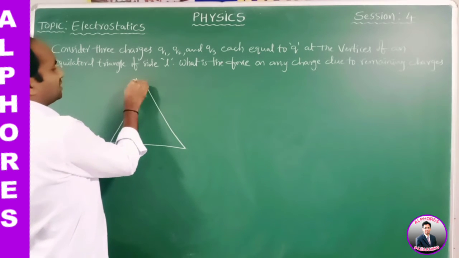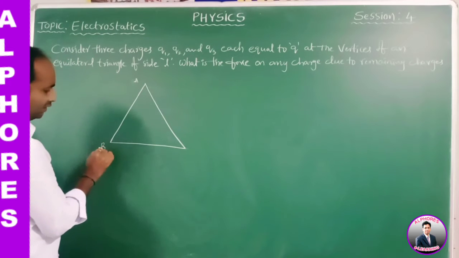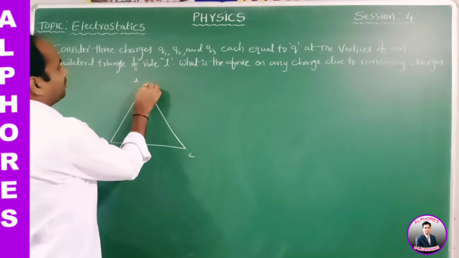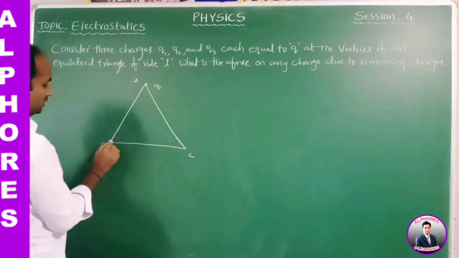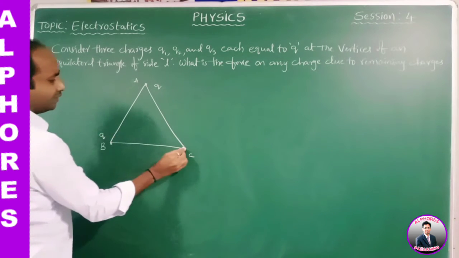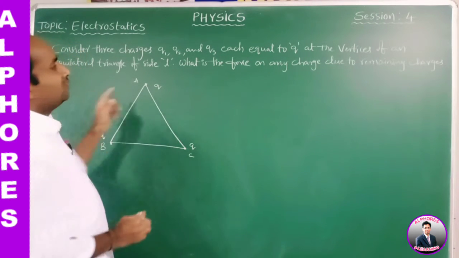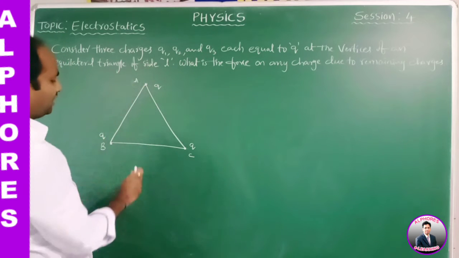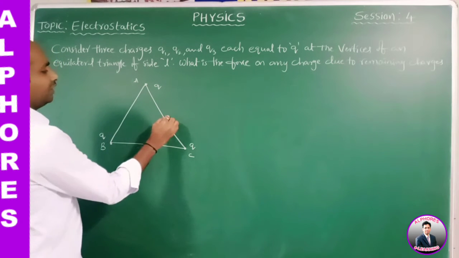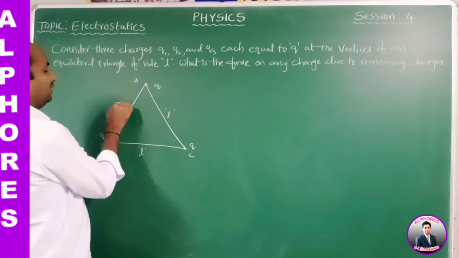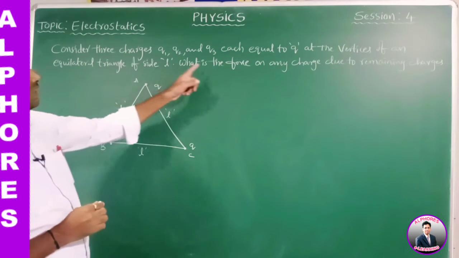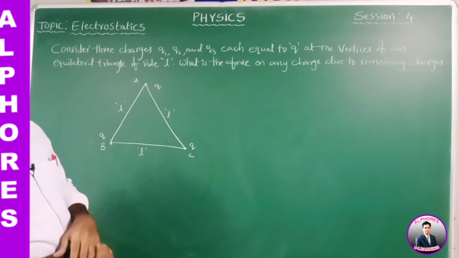Let us take these as corners A, B, C, with charges Q, Q and Q kept there. L is the side of the equilateral triangle, and the 3 charges are kept at its 3 vertices.